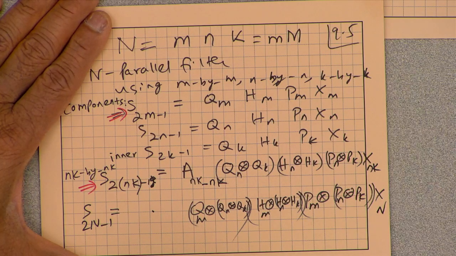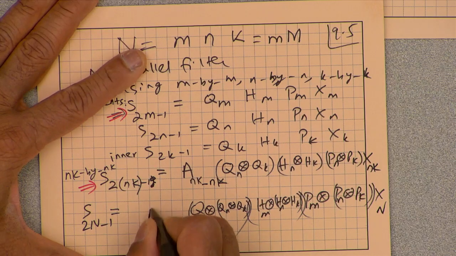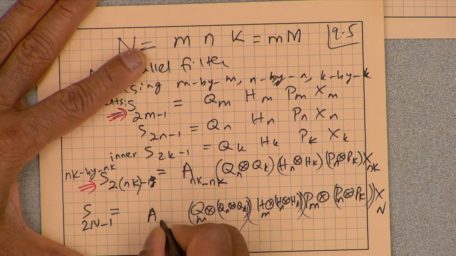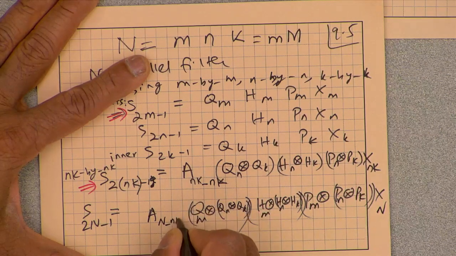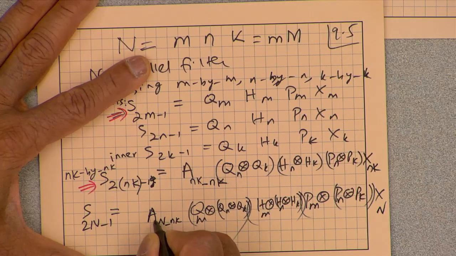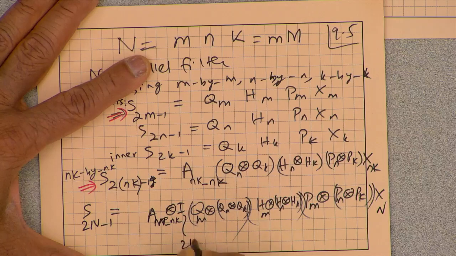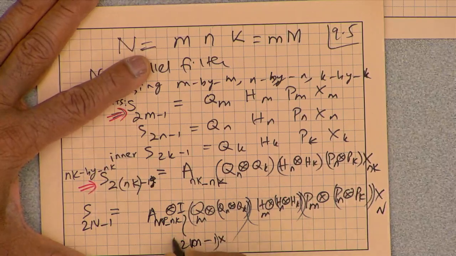Well, we can leave it as it is and see. So this A has to be nk, not n, m, Kronecker product I, which is a 2m minus 1 by 2m minus 1.